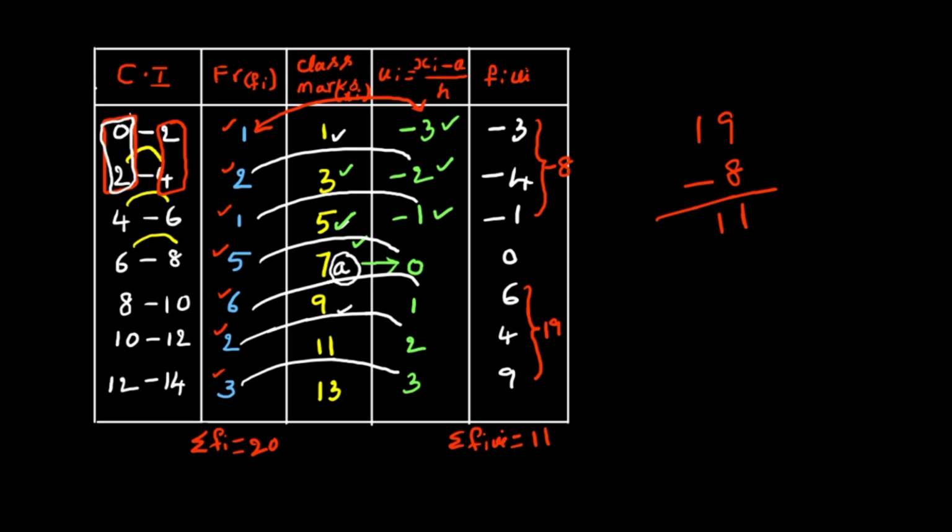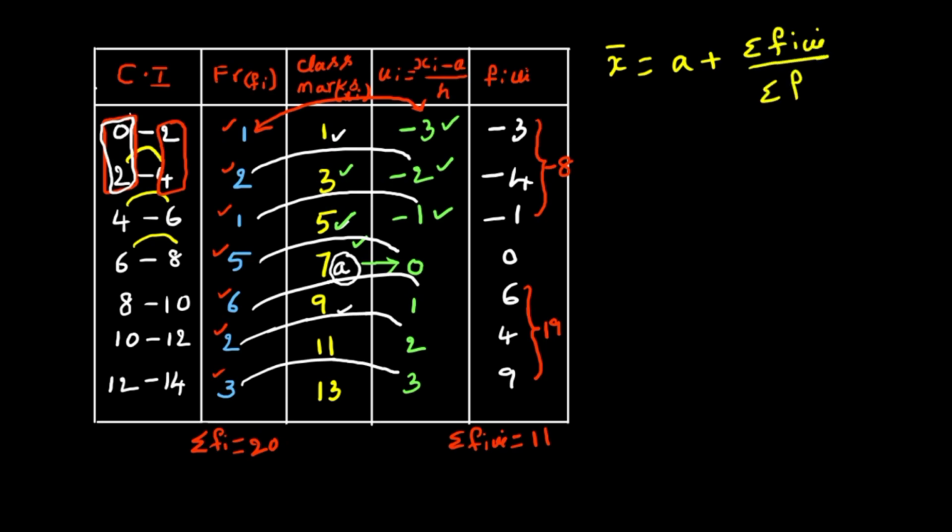Okay, so now we should write the formula. What is the formula to find out arithmetic mean? That is x bar is equal to a plus sigma fi ui by sigma fi into h. Okay, so the next step is, what is a? a is the assumed value, that here I have taken as 7.